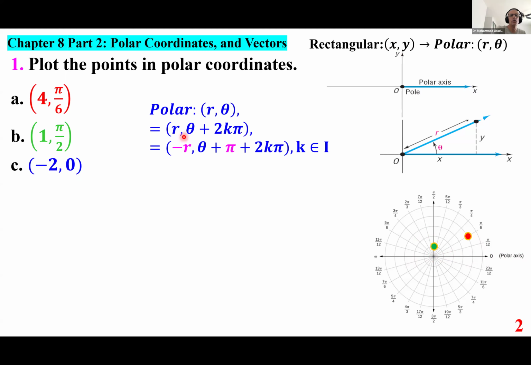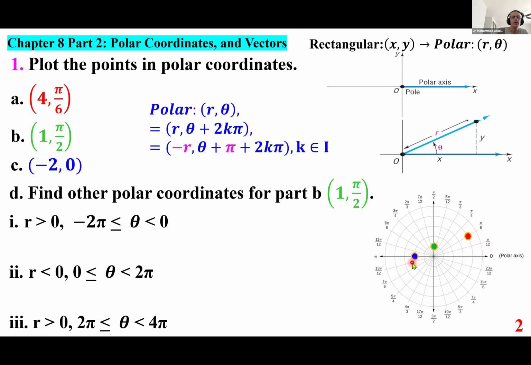One would be r comma theta, then add 2k pi, where k is an integer. Or if you want to negate the r, you add pi and then 2k pi. In other words, odd multiples of pi. So, as I mentioned, 2 is to the right, negative 2 to the left. That's how you come up with those points.